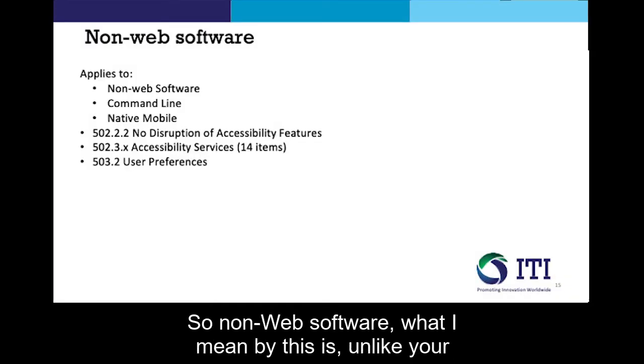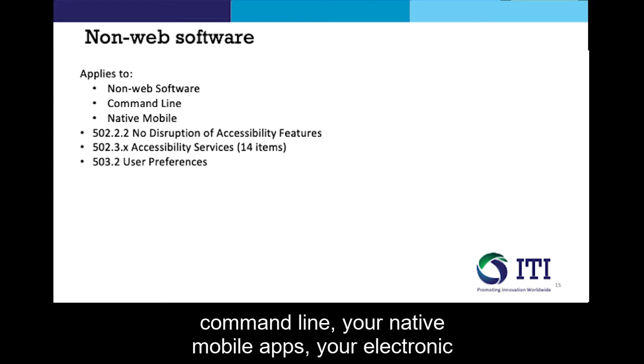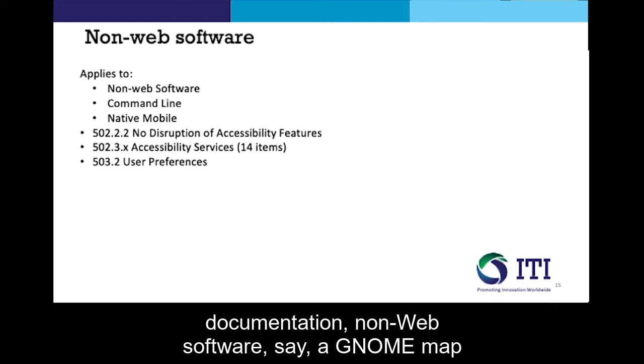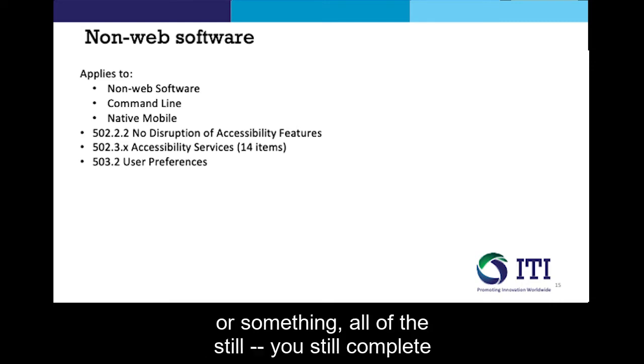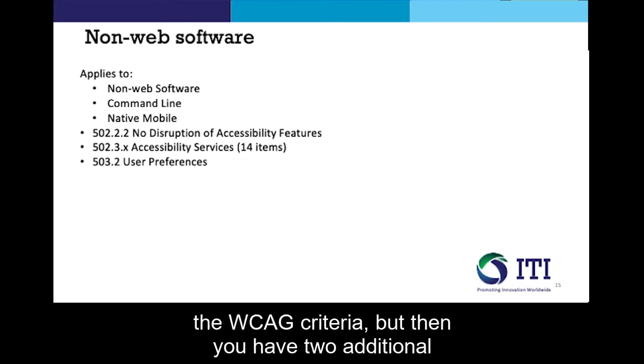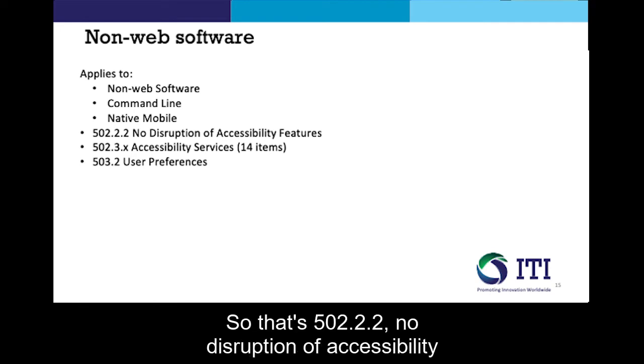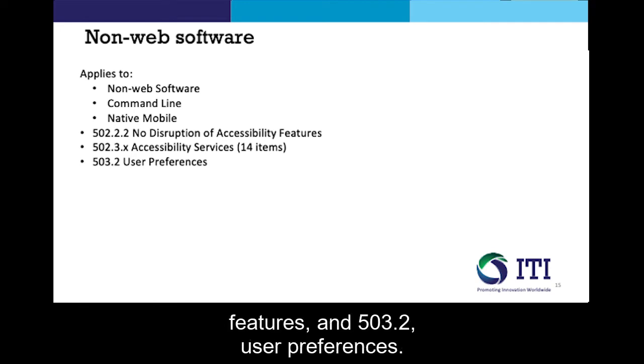Non-web software is like your command line, your native mobile apps, your electronic documentation, or say a GNOME app. For all of those you still complete the WCAG criteria, but then you have 2 additional criteria to fill out: 502.2.2, no disruption of accessibility features, and 502.2, user preferences.